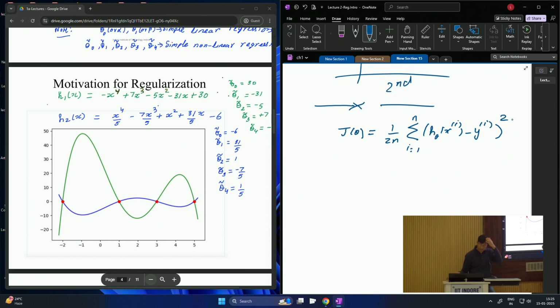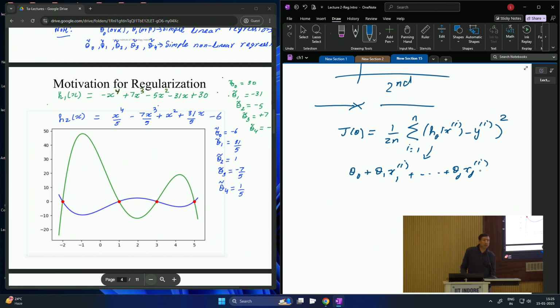Correct? This is the J theta which we had. Now I'm switching back to the case of, let's say, linear regression. In linear regression, this was theta naught plus theta 1 xi1 all the way till theta d xid. Correct? Thetas are the ones which are not known to us, theta naught to theta d.